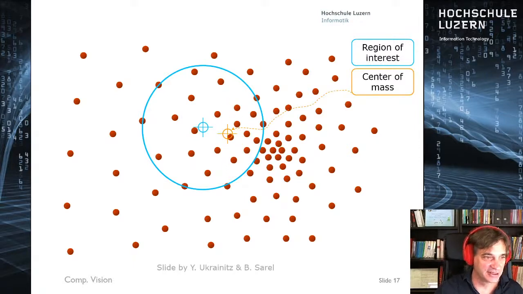You could visualize that as the mean of the positions of all the red dots inside that circle. Since the dots are more dense in this part than in this part, the mean will be more in this direction. So this is the center of mass, or the mean, of all those points.